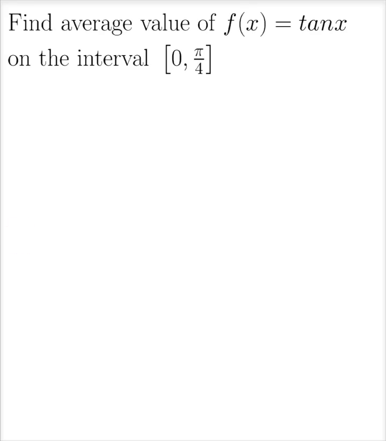Now, what if I wanted to find the average value of a function using trig functions? Everything's still the same. The average value of tan x on 0 to pi over 4 is, now you can write the word average value, equals 1 over b minus a, the integral from a to b, f of x dx.